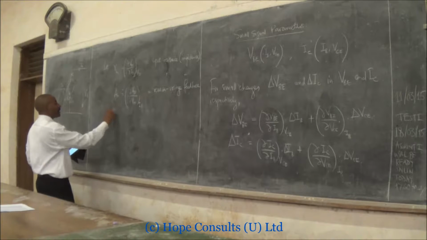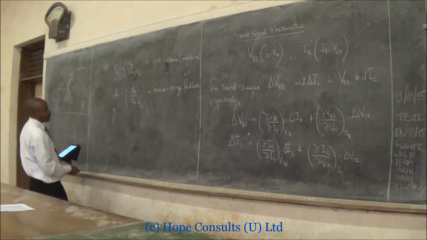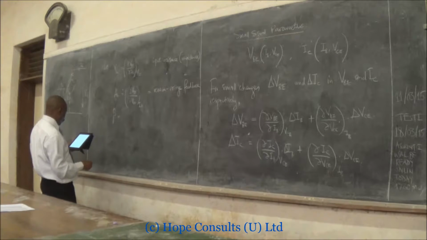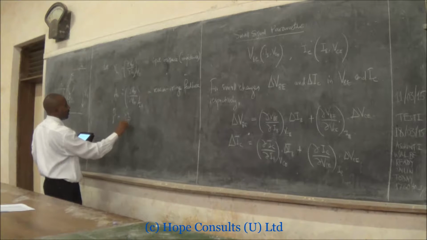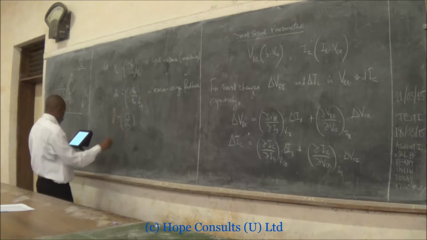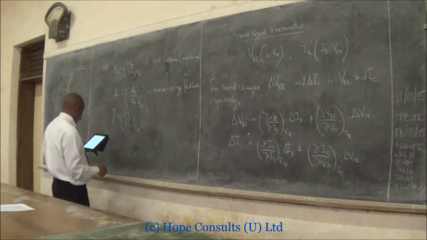And then we shall have another parameter which is beta, since we are mathematicians. And beta will be the same as ∂IC by ∂IB over constant VCE.